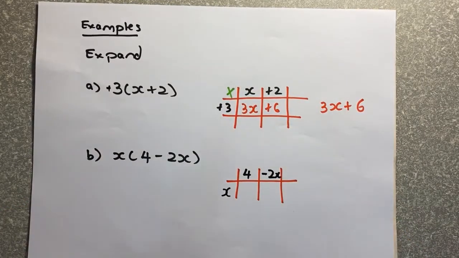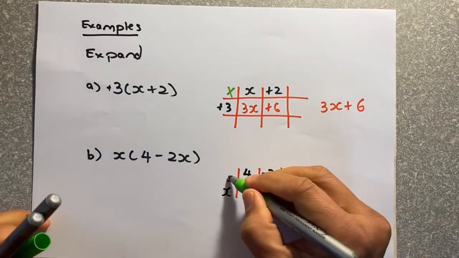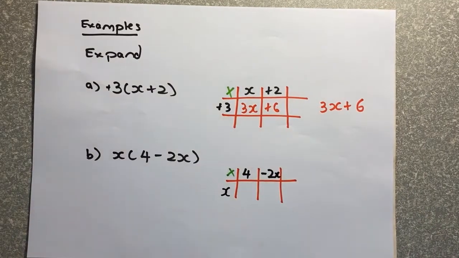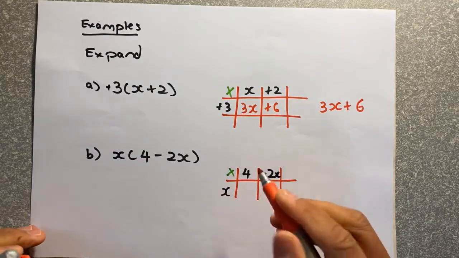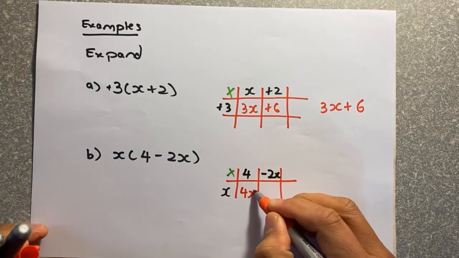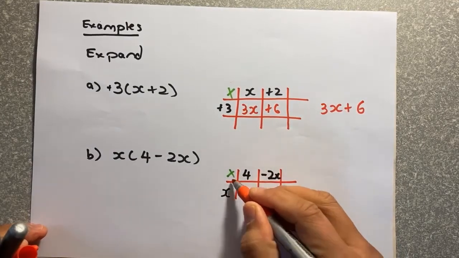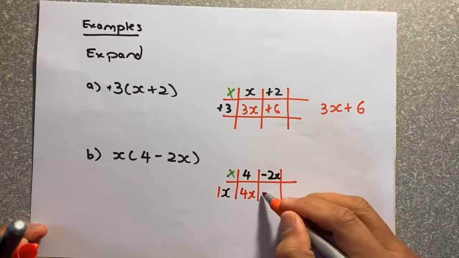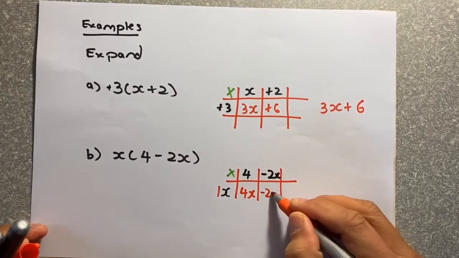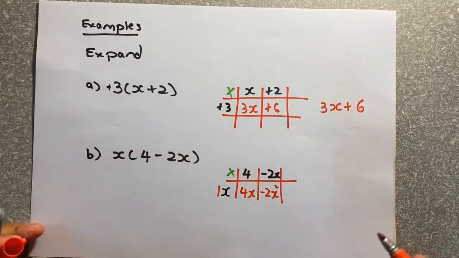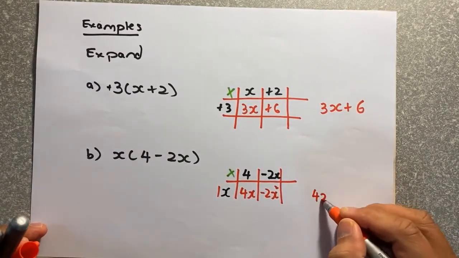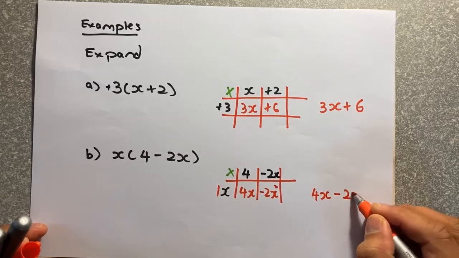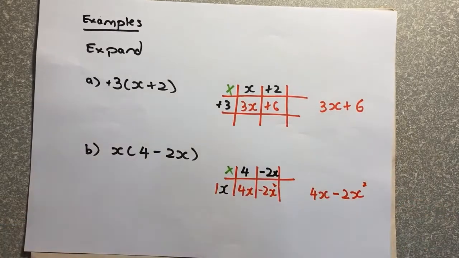And what you're going to do is multiply the numbers on the grid. So 4 multiplied by x will give you 4x. And then x multiplied by negative 2x, there's a 1 there. So negative 2 times 1 is negative 2. x times x will give you x squared. And the answer is going to be 4x minus 2x squared.